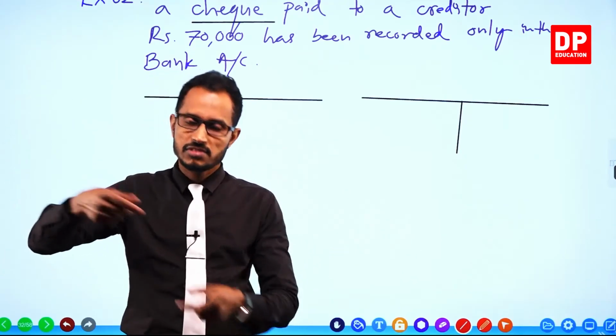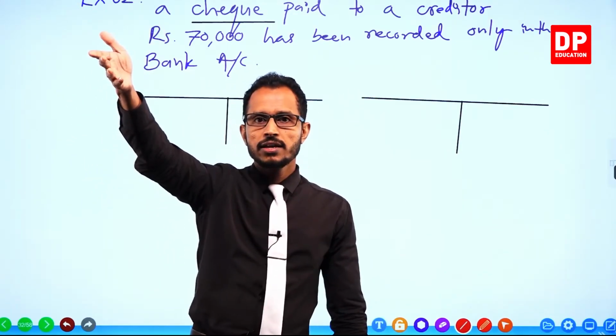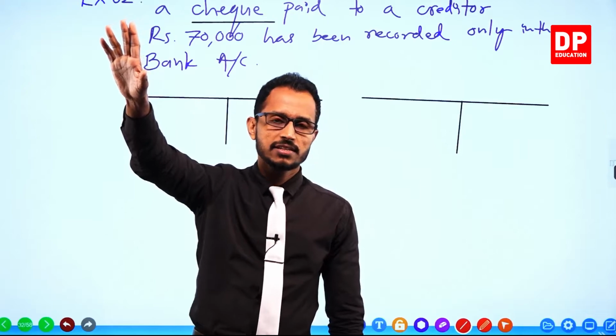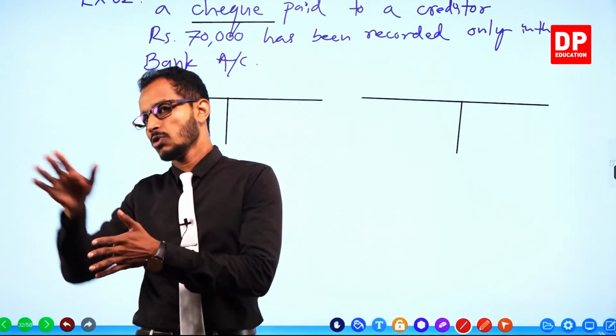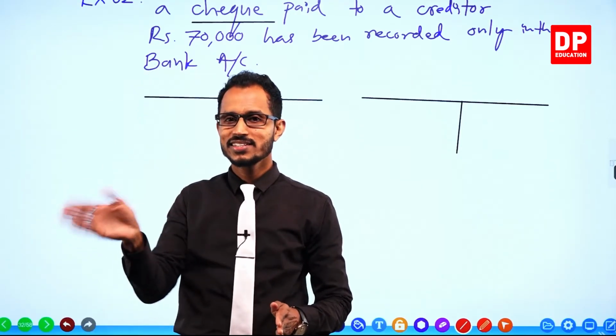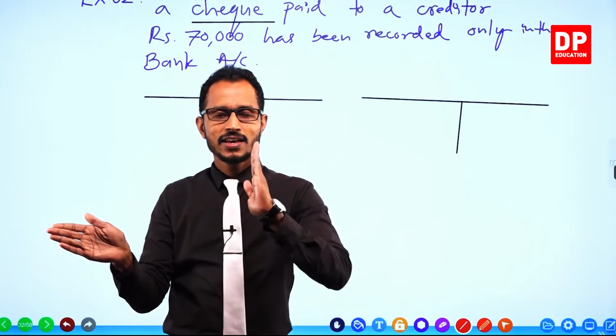We pay a creditor, and we say, right, Mr. Annadurai, our debt, what we had to pay, is settled now. So, no more liability to you. Annadurai is a creditor. Creditor's account debit.